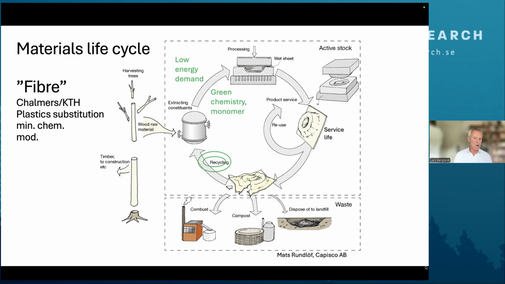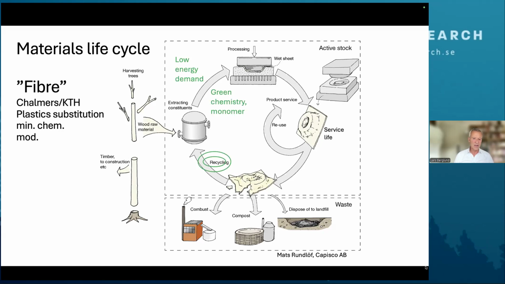Recently, there's a strong emphasis on green chemistry, trying to be as eco-friendly as possible, low energy. We have shaping operations. Then we have service life. Let's say it's a component for a car. As long as the car is in service, the component is functional. We can reuse the component, and then the question comes, what happens after that?